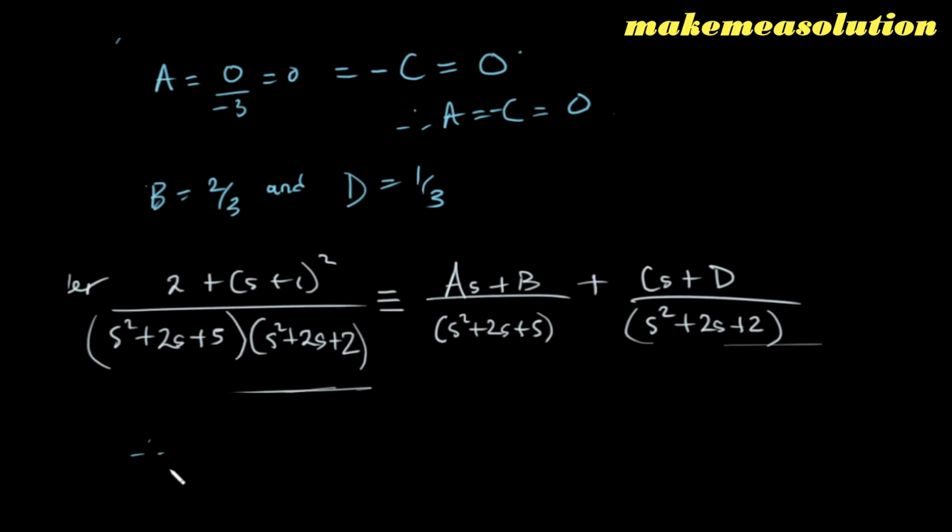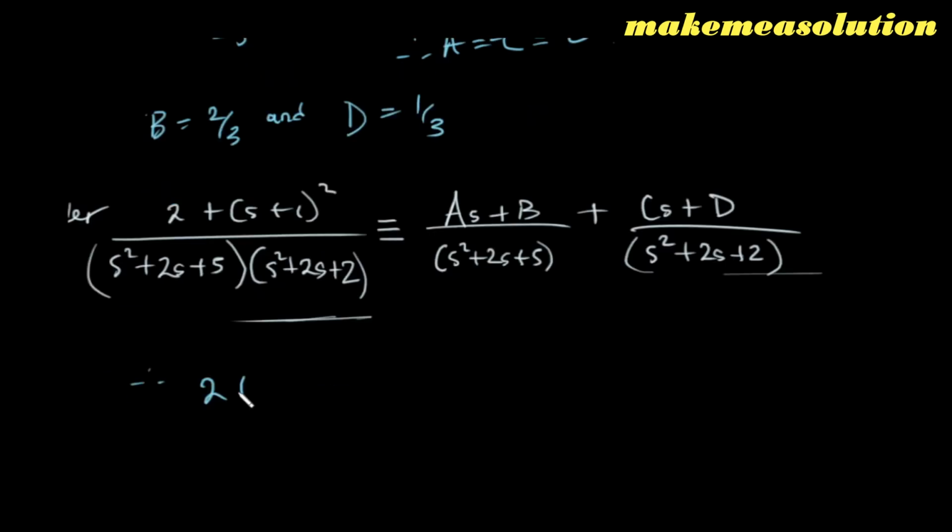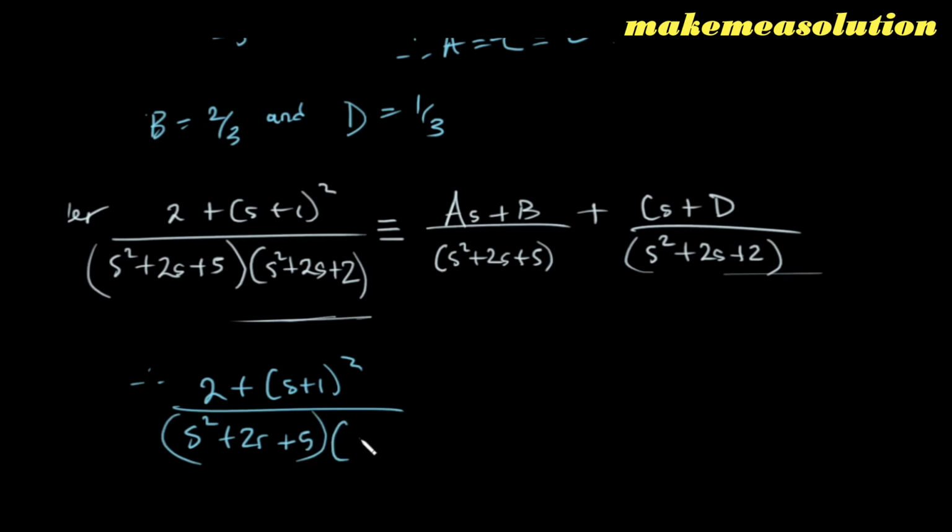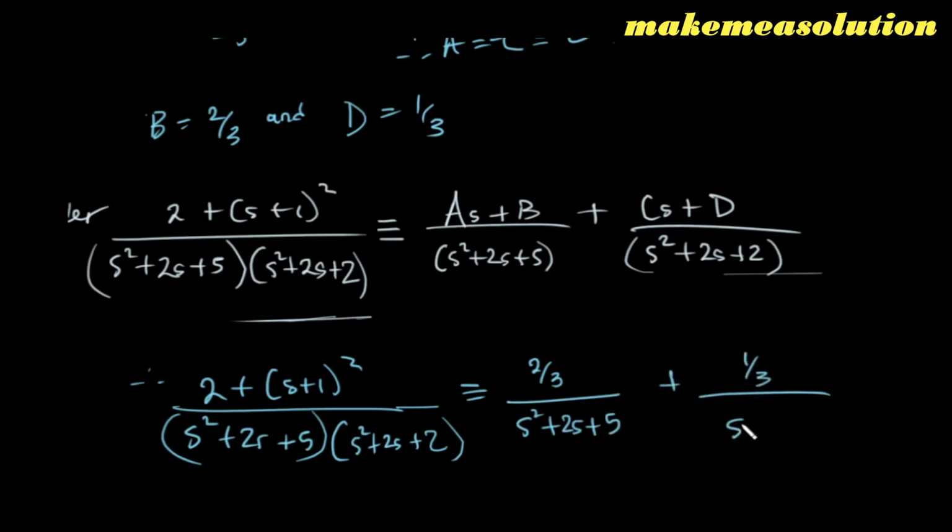Therefore we have 2 plus s plus 1 all squared divided by s squared plus 2s plus 5 into s squared plus 2s plus 2. It reduces to b is 2 over 3 into s squared plus 2s plus 5, plus d is 1 over 3 into s squared plus 2s plus 2. Is that okay?